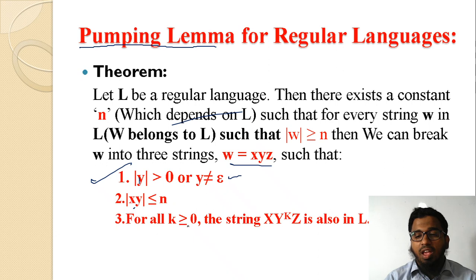Finally, for all k greater than or equal to 0, the string xy^k z is also in L. This is very important in the pumping lemma for finding whether a language is regular or not. These are the rules for breaking the string into three parts.